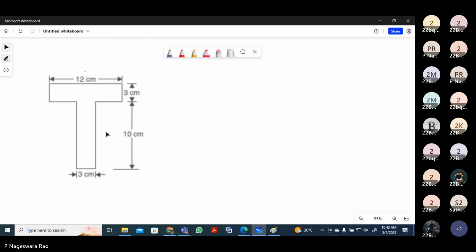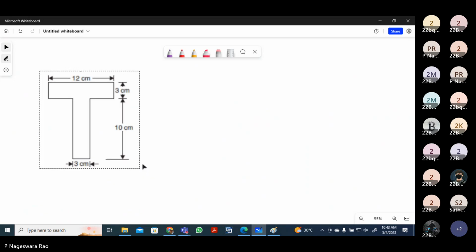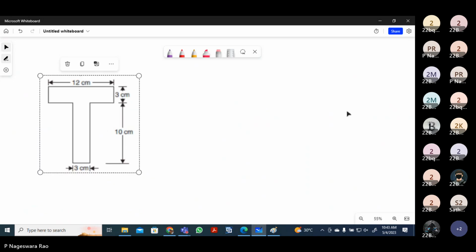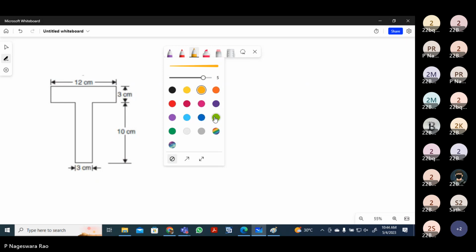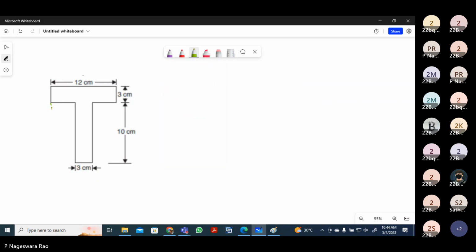I have written it here. I think everybody can see it. You note down the diagram, and I'm giving the coordinate system here, so that the whole shape is entirely in the first quadrant.